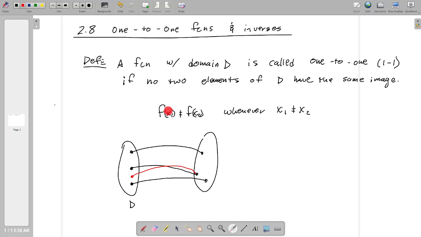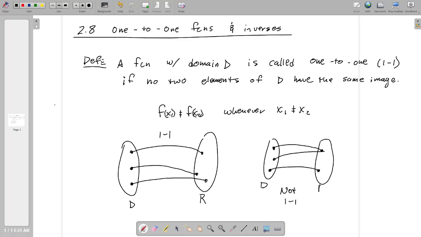So they would say that f of x1 is equal to f of x2 here. But again, for a one-to-one function, that's not possible. And we say that this function would be one-to-one, and this function is not one-to-one. And again, it's not one-to-one because we have two different x values that map to the same y value.